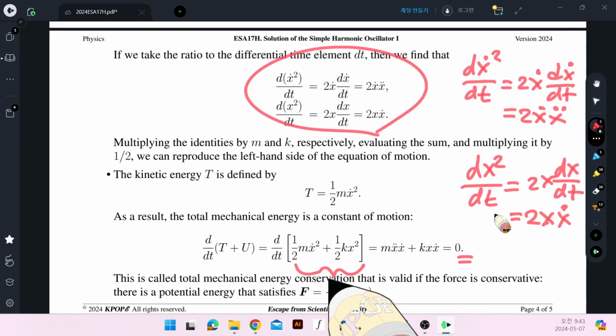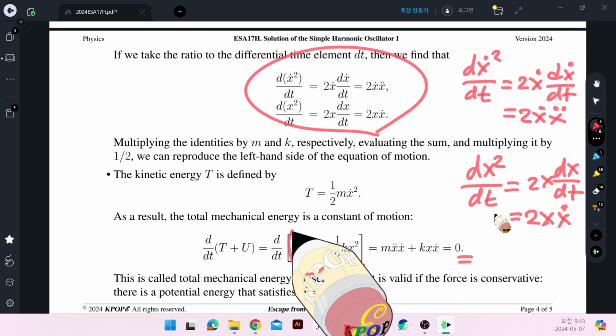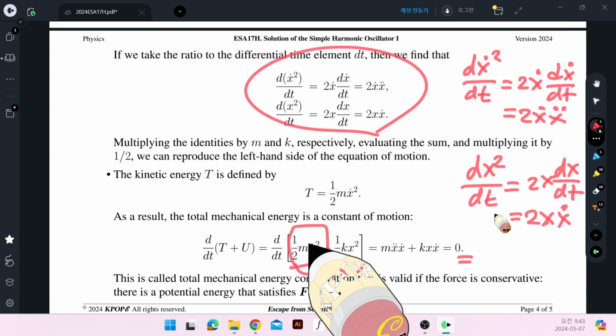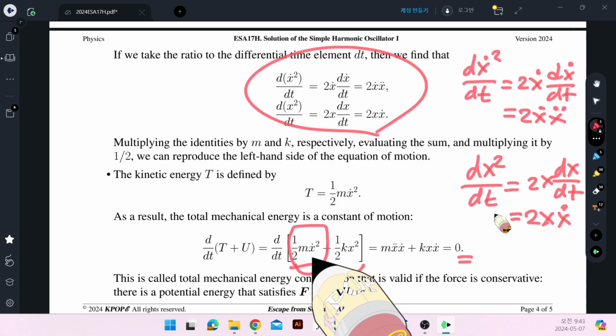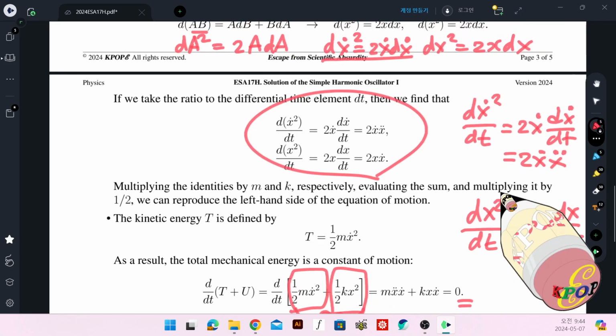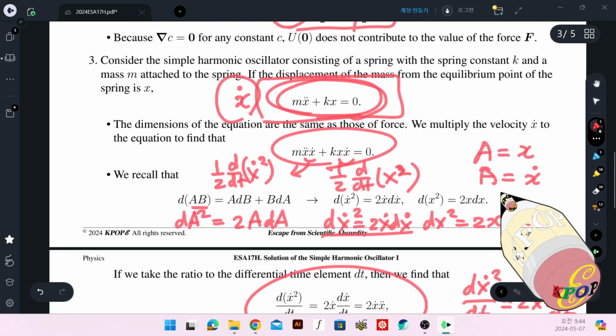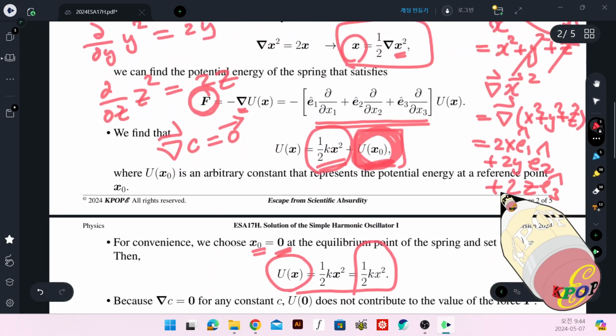Time derivative of the sum. First of all, the term originating from this is the kinetic energy of the mass. The other term is the potential energy of the spring. Okay?